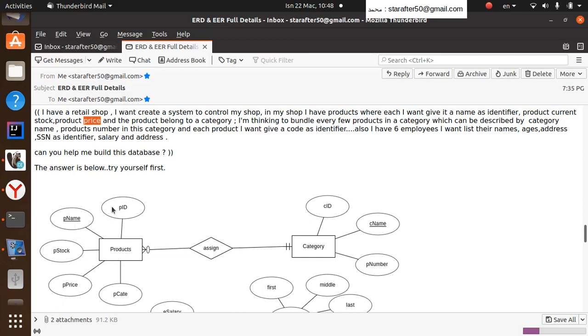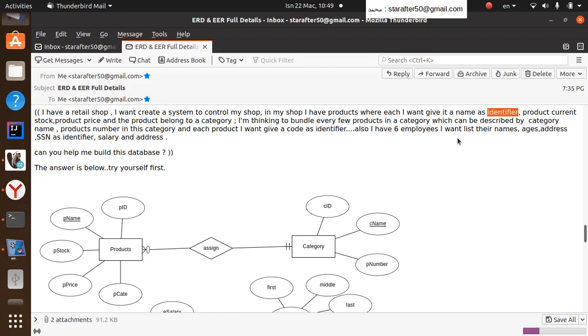Now, in general, whenever a customer says an identifier, that means this is the attribute that will identify this entity. So it could be a primary key. Or he could use another word.